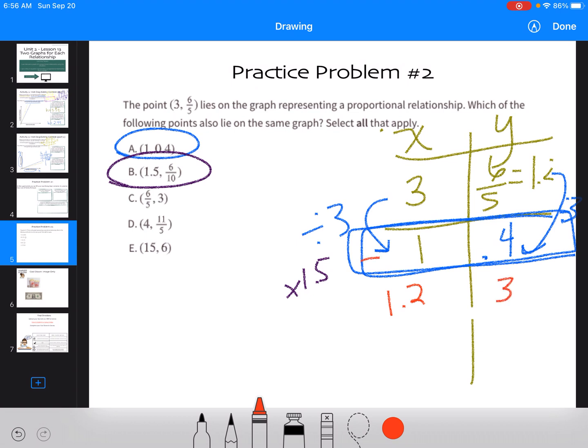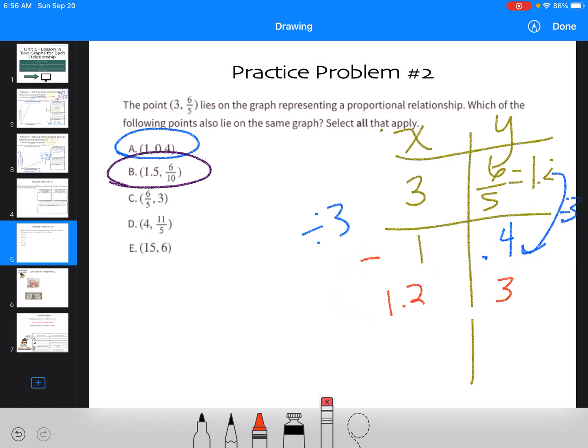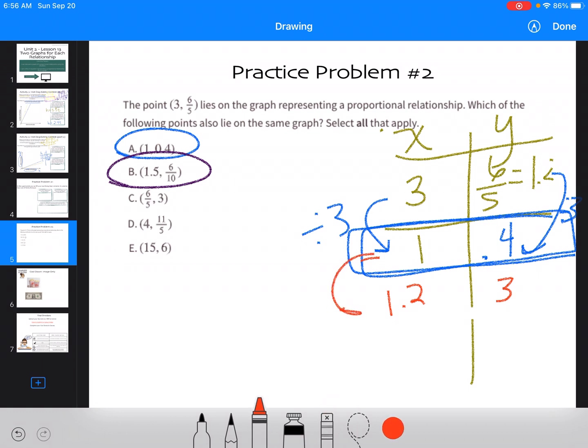So then 6/5, so we know that's 1.2. Well, let's try it. Times 1.2, so 0.4 times 1.2 is 0.48. So that's no. So let's try another one.